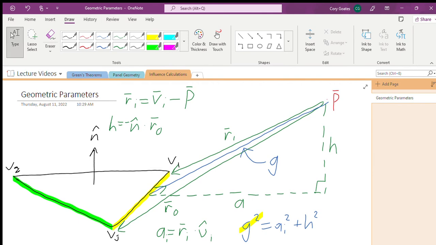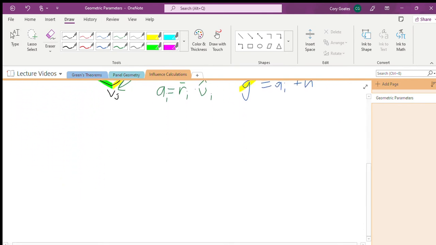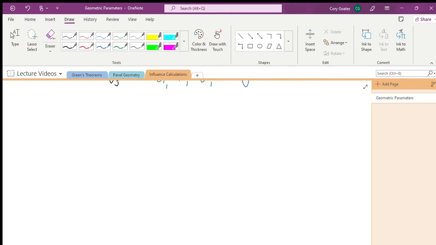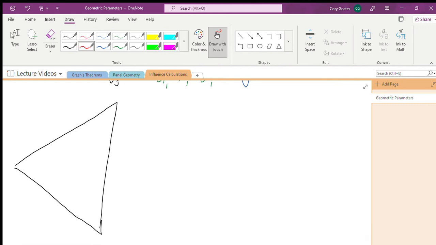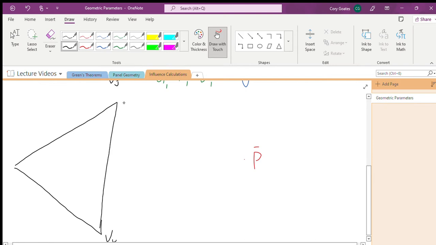Alright, there is one more thing we need to consider, and to do that we need to draw the panel a little differently. Let's take a top-down view of our panel. If we're looking down on our panel like this, our point P is out here. This is V0, this is V1, this is V2.